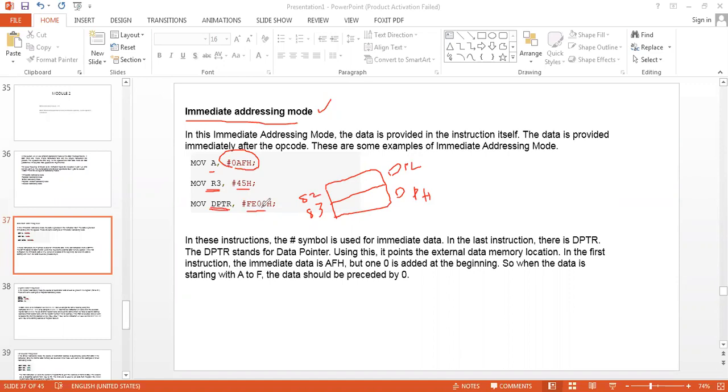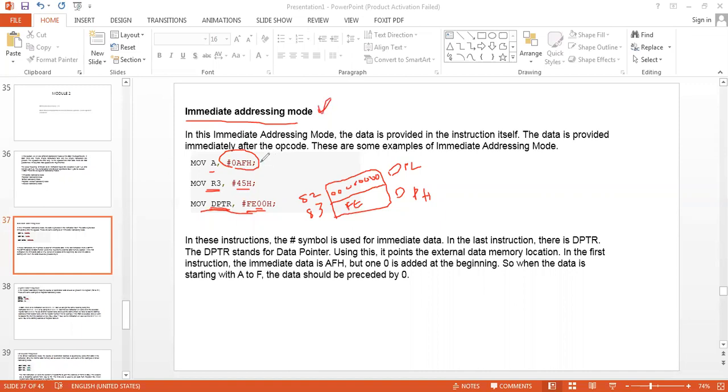Okay, so FE00. What will happen if I execute this instruction? This is the lower byte, this is the higher byte. So in the lower byte 0000 and 0000, total 00 will be copied into DPL, and in DPH F and E is going to be stored. That is it. Nothing more in this addressing mode.